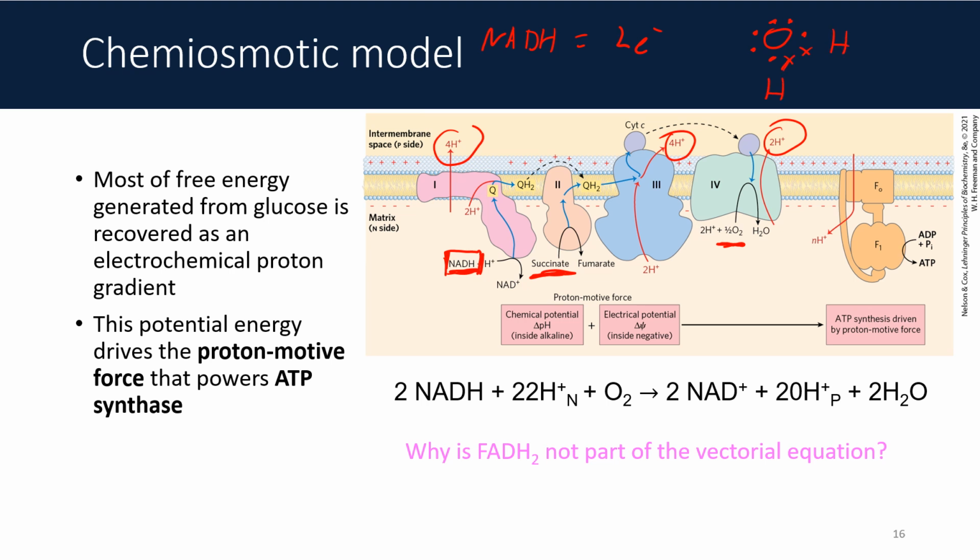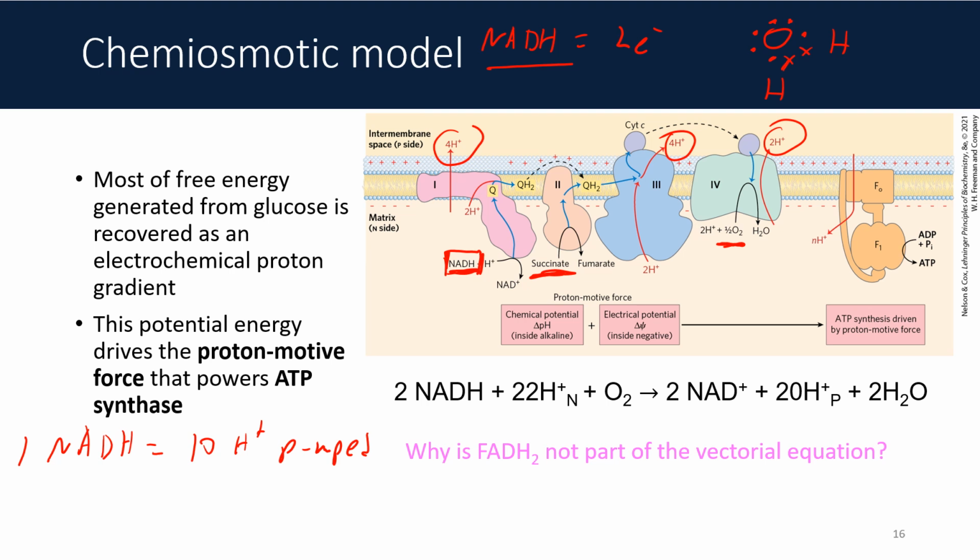I've shown those here as X's instead of dots. So there you go. It takes half of an O2 to burn 1 NADH. Now, what's the key takeaway here? What I want you to know is 1 NADH equals 10 protons pumped.